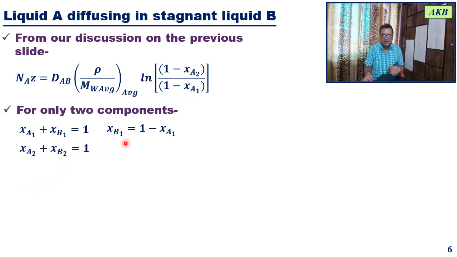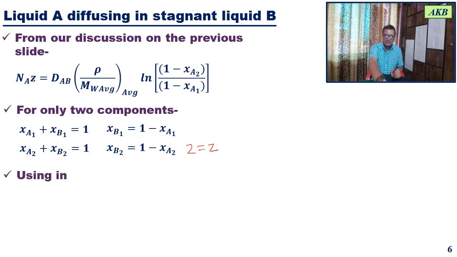Similarly, at the other end, which is at the plane z equal to Z, you have x_A2 plus x_B2 is equal to 1, which gives us x_B2 is equal to 1 minus x_A2.